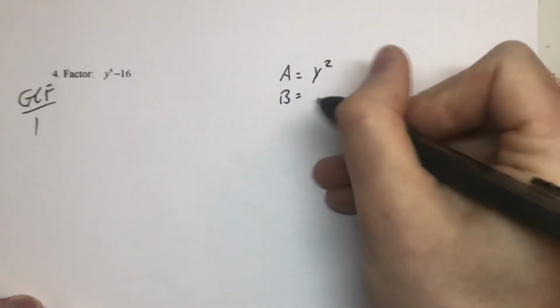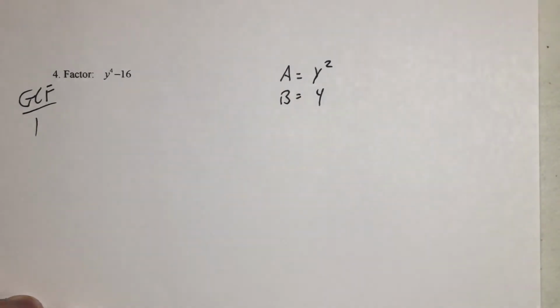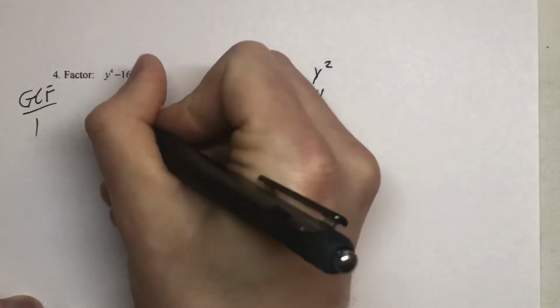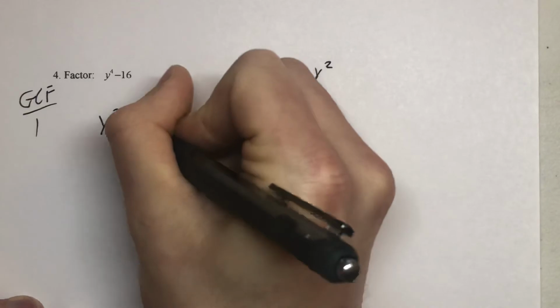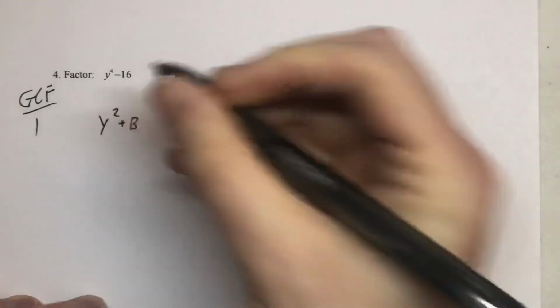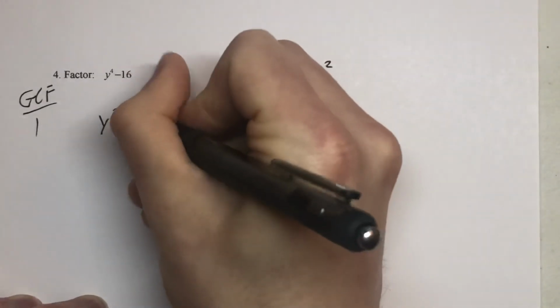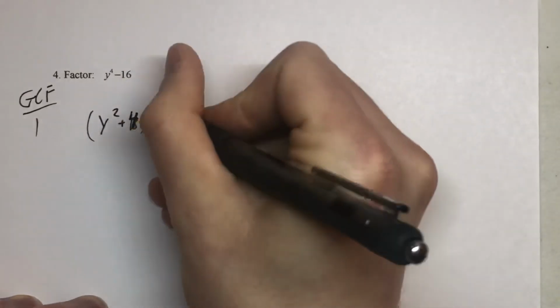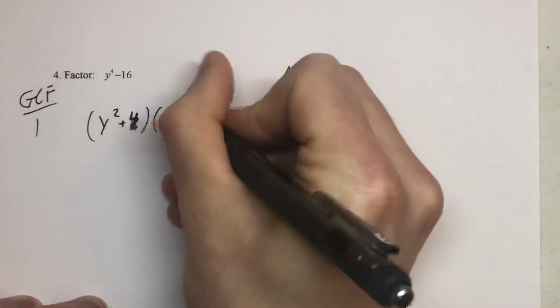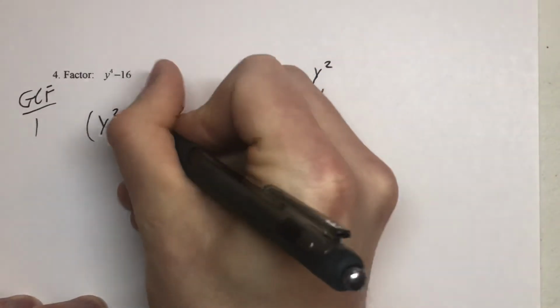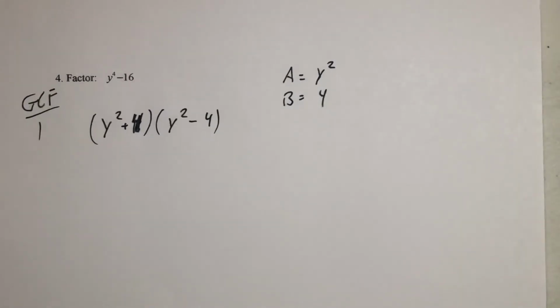So y squared squared would be y to the 4th, and for b, you'd square 4 to get 16. So there's our a and our b. So a plus b, oh man, I'm botching this. Y squared plus 4, trying to say one thing and write another, and y squared minus 4. Right, there's our a plus b, a minus b.